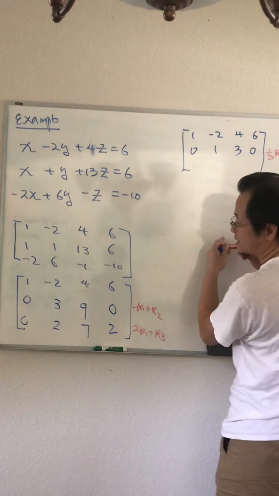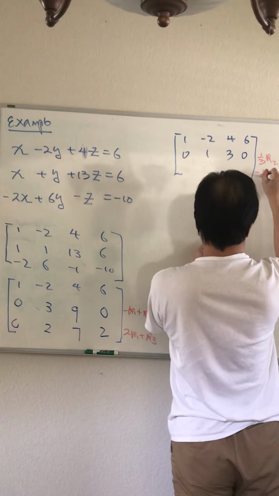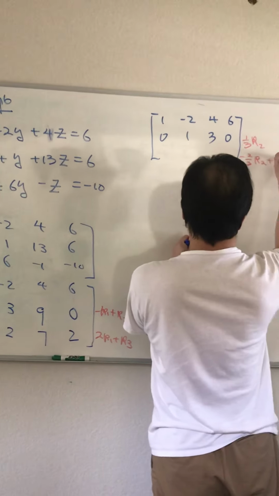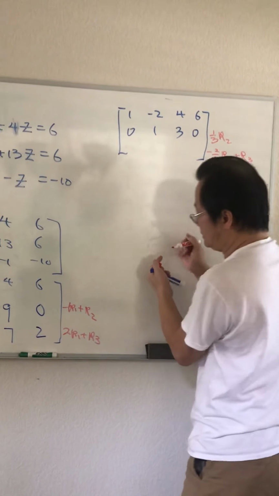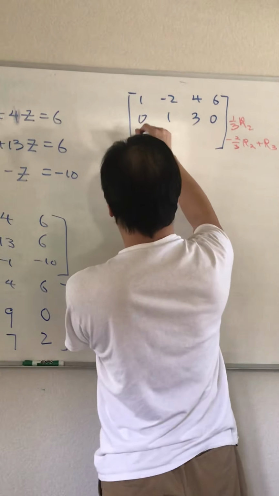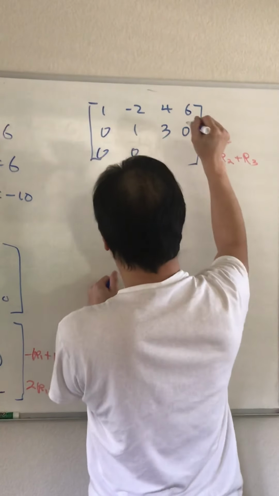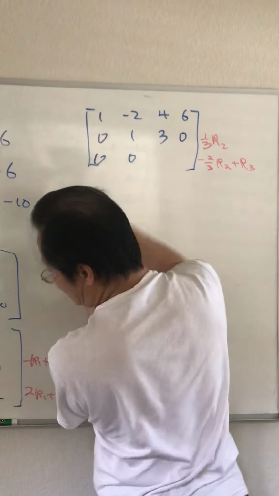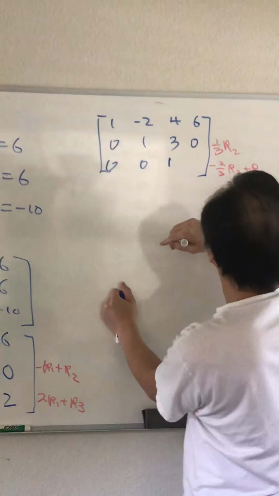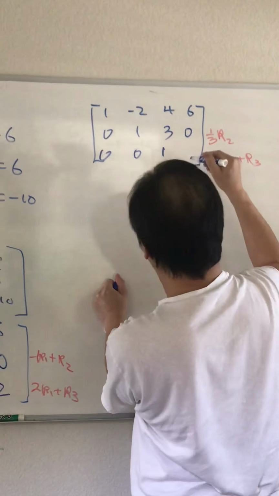So therefore this one is going to be negative 2/3 row 2 plus row 3. Okay, so this will be 0. Negative 2 plus 2 is 0. Negative 6 plus 7, so that will be 1. And then negative 2/3 times 0 plus 2, so that will be 2.